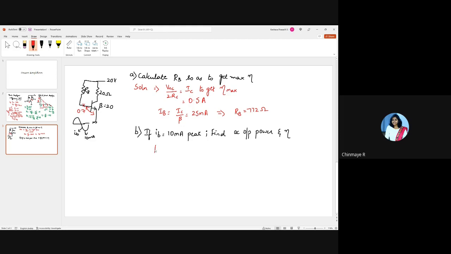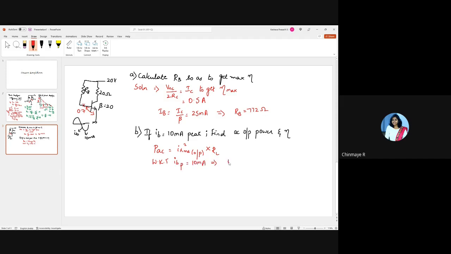So let me give you a hint. You can start with this. PAC is equal to I RMS squared at the output into RL. So we know that IB peak is equal to 10 milliamperes, right?